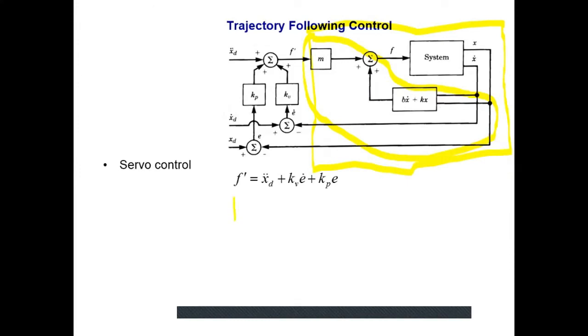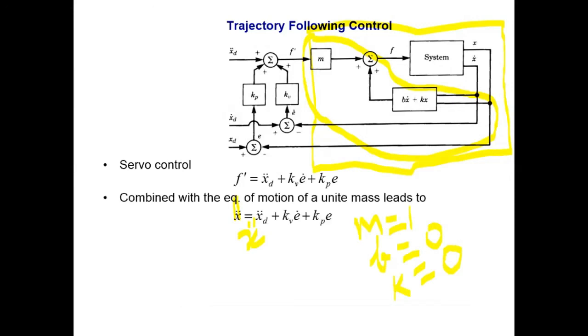So f dash will be equal to x double dot, because m is equal to 1, b is equal to 0 and k is equal to 0. After substituting f dash is equal to x double dot, we get this equation.